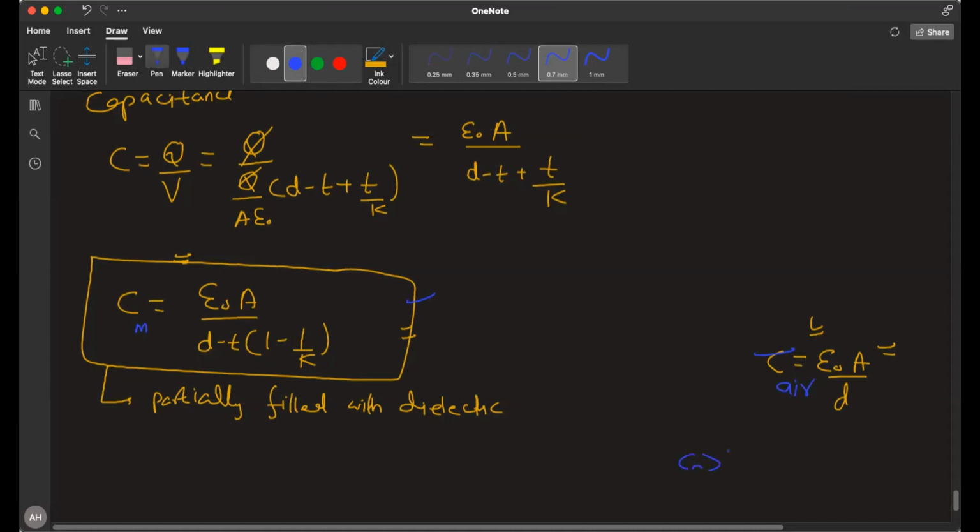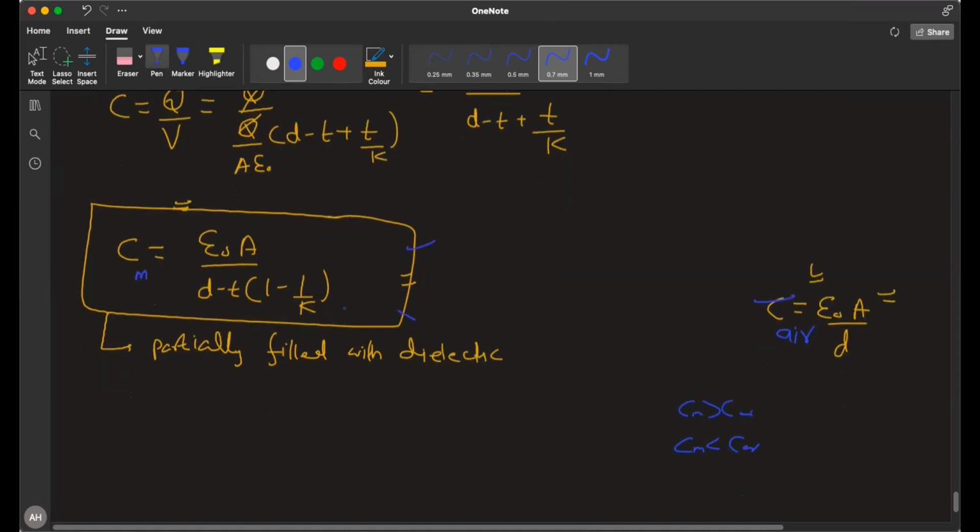Is C medium greater than C air, or less than C air? The capacitance with the dielectric is greater than that of air. Why? The denominator is larger in which case, in air or in medium?